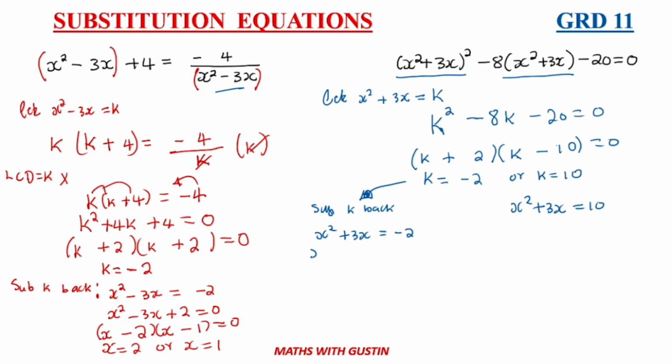So x squared plus 3x, then we take -2 to the left hand side, it is going to be +2, is equal to 0. Therefore we need to factorize this as a trinomial. Here is going to be x and then x there. We need +2 and +1. When you add these two together, they give us +3, so it does check out. X is going to be equal to -1, or x is going to be equal to -2.